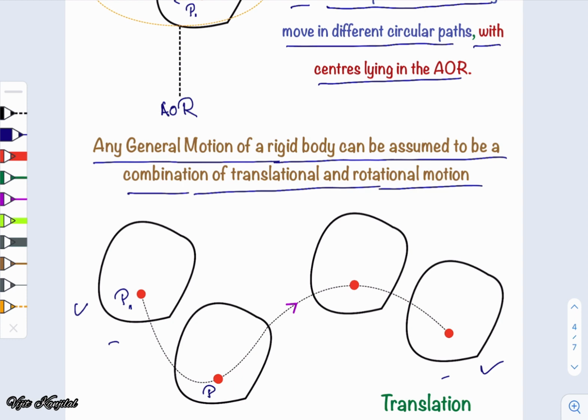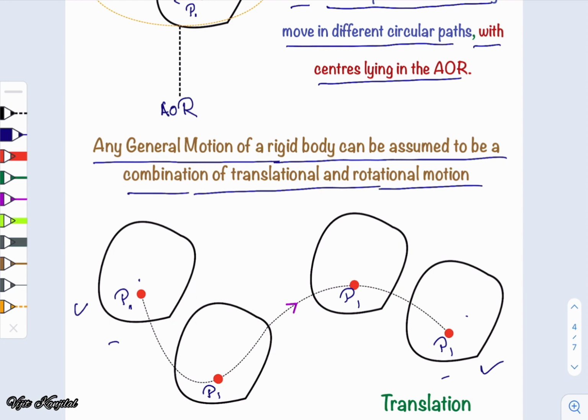Let's call this point P1. This point P1 is tracing this particular path, and this rigid body is simply translating from here to here, following this particular curve while translating, and we can clearly see that the orientation of the body does not change.